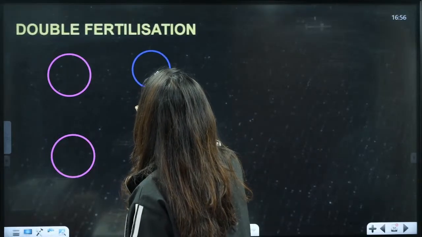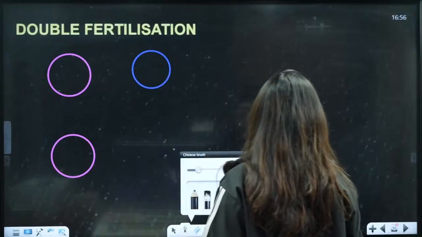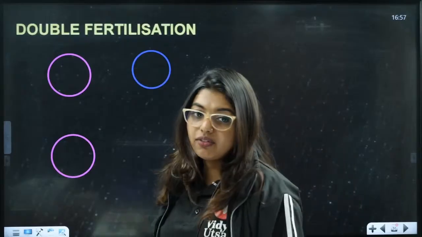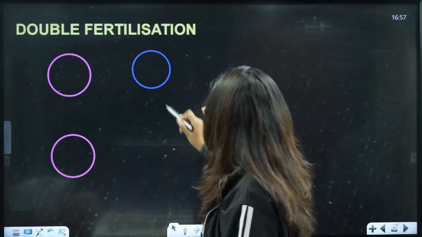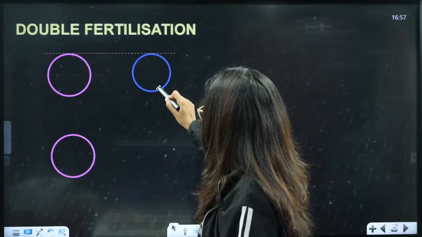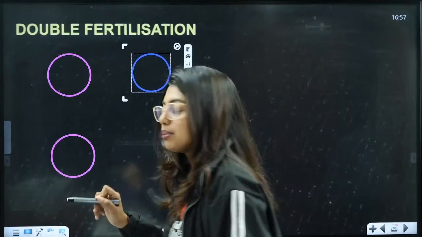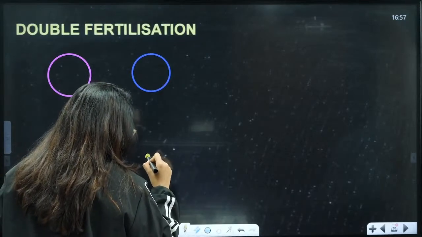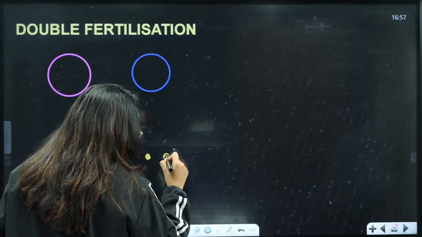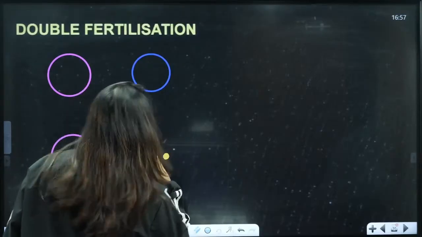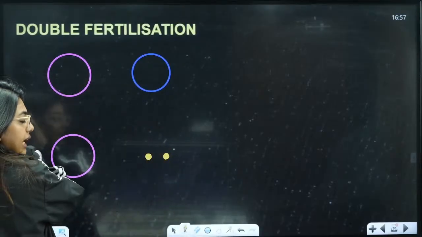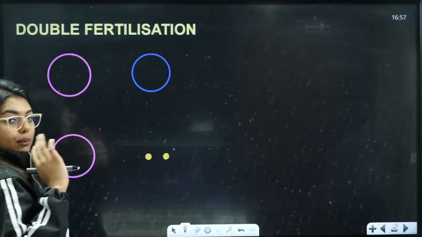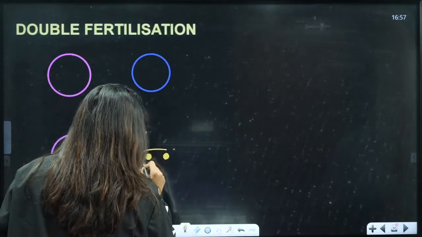Now we have to find a second bride, right? One bride we have, but we don't know where the second bride is. So the second bride is going to be the polar nuclei. One of the male gametes will fuse with the polar nuclei. Draw it in a circle.